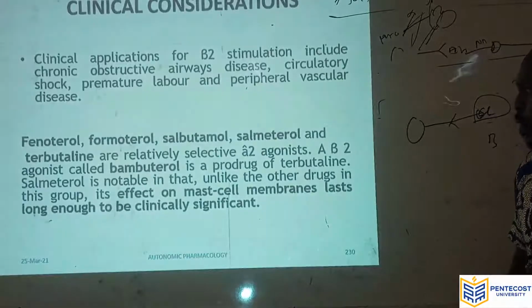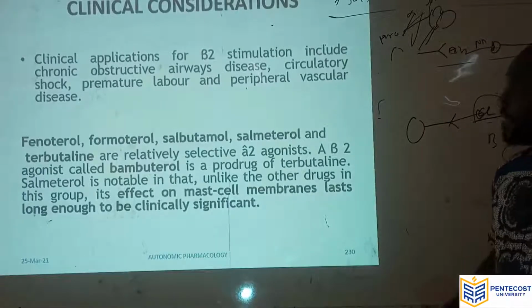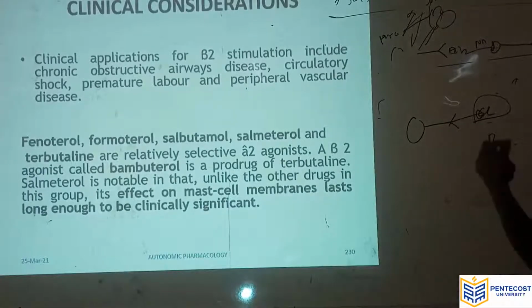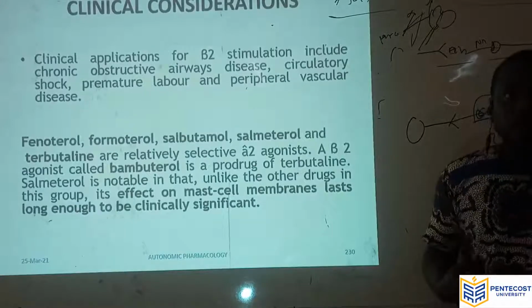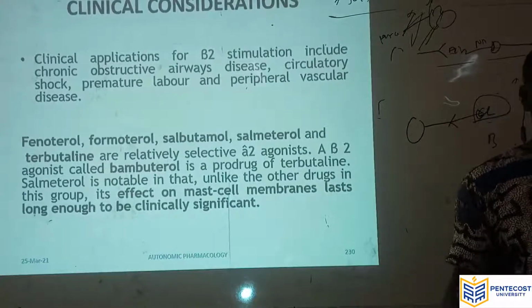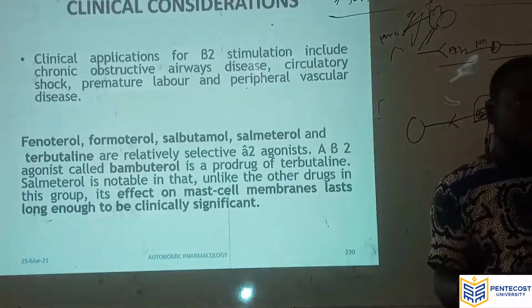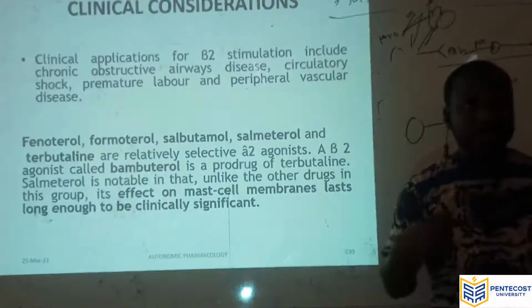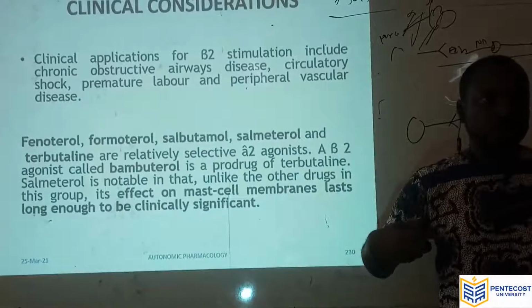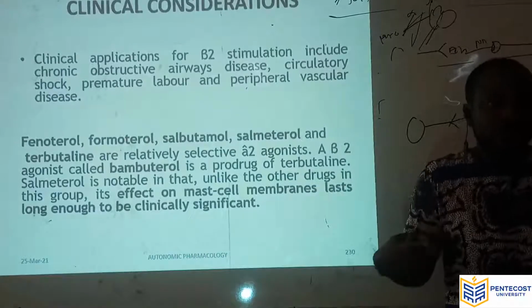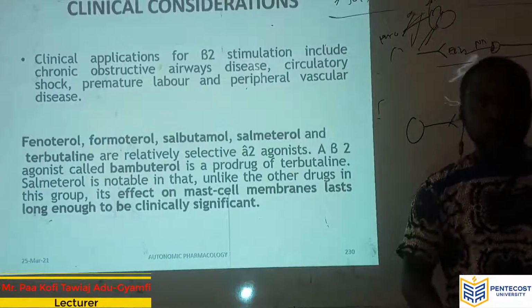Another usage of beta-2 agents is that we can also use them in labor. When someone has a threatened abortion, maybe the person wants to keep the baby and they don't want it to come out. We know that it's the contraction that brings about the baby. So when the uterine muscle contracts and relaxes, once it is contracting, it's pushing the baby out.